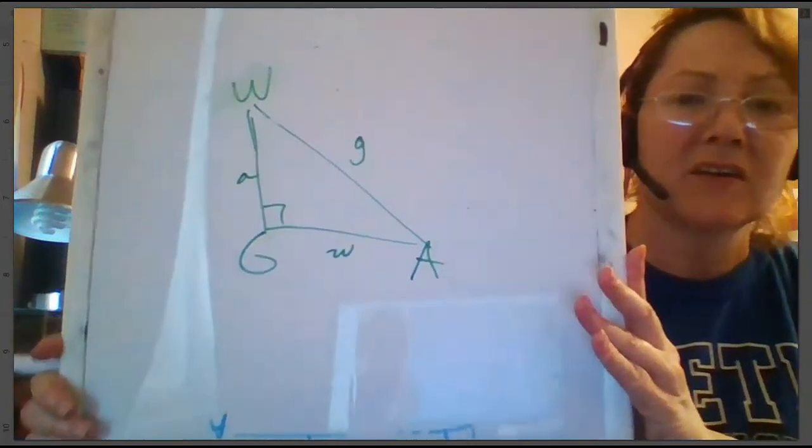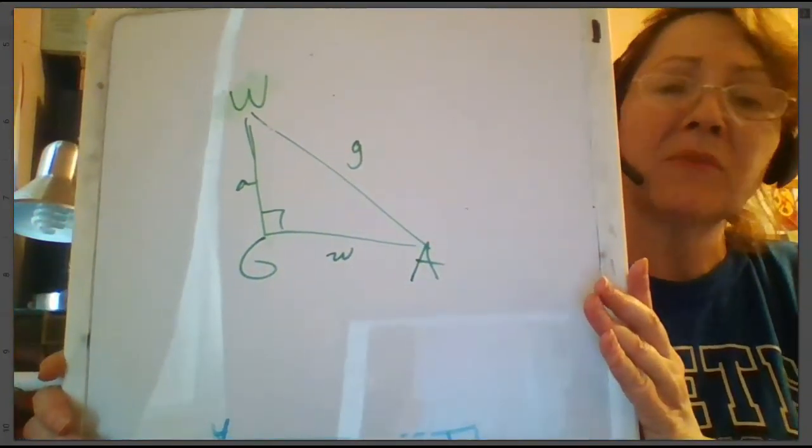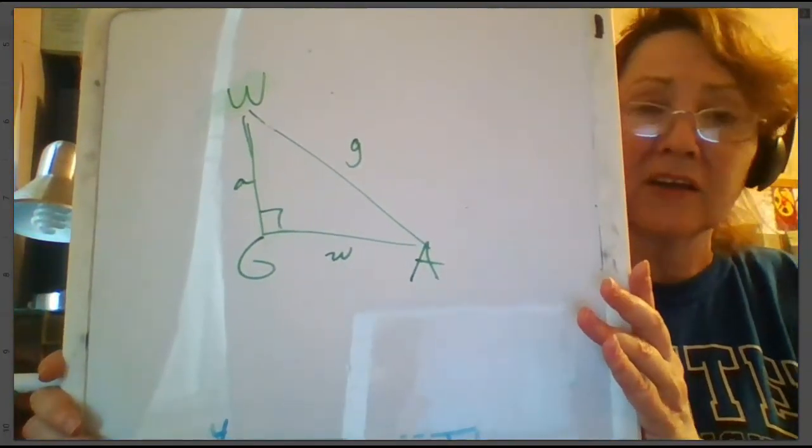So this would be a small w, this would be a small a, and this would be a small g. So then I want to take one of my two angles that aren't right. I don't want to pick one that's right. So I'm going to pick angle W.